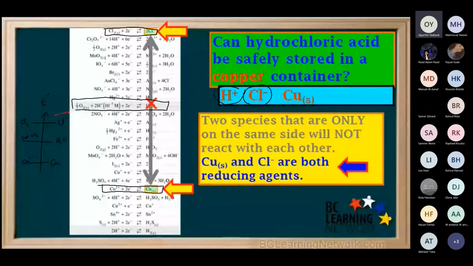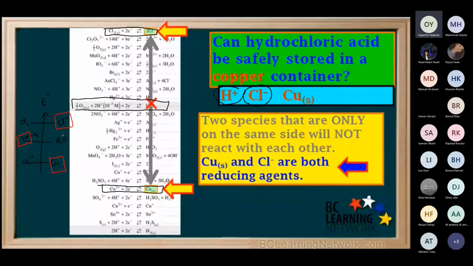So we have Cl- in solution, we have H+ in solution, and we have a copper solid container. Clear? What can react with what? If I have Cl-, it cannot react with copper, so they're on the same side.